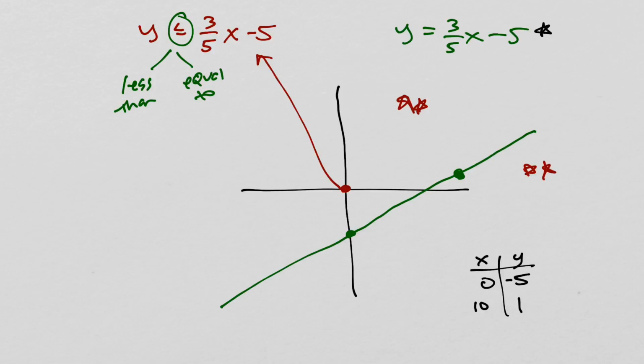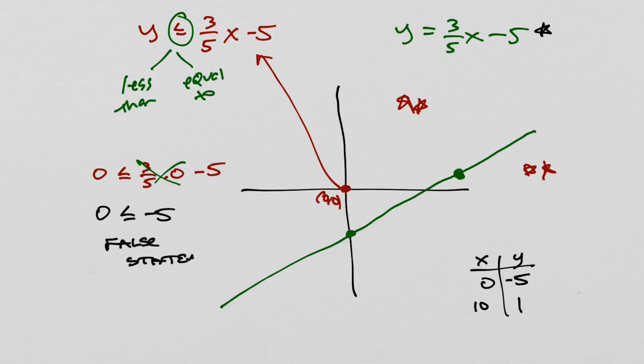So when x is 0 and y is 0, we get 0 is less than or equal to 3/5 times 0 minus 5. Right? So that's just nothing. So what I have now is 0 is less than or equal to negative 5. Right? This is a false statement because 0 is bigger than negative 5.